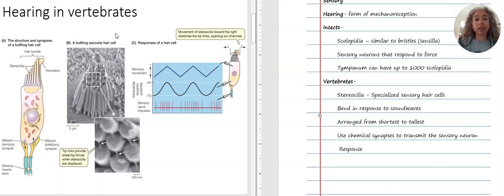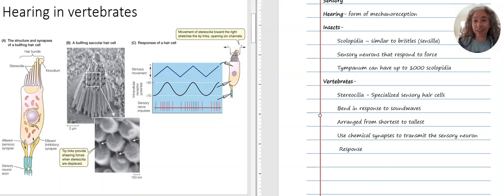When the stereocilia are displaced in the opposite way, from the tallest to the shortest, they are going to reduce the neurotransmission and decrease the sensory neuron response. And again, the neurotransmitter release is going to be scaled based on the amount of displacement in these stereocilia. Again, this is a graded response that's going to affect the neuronal response.